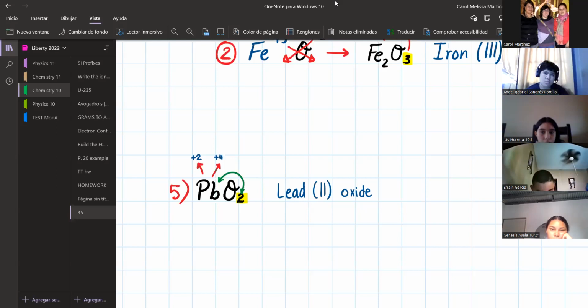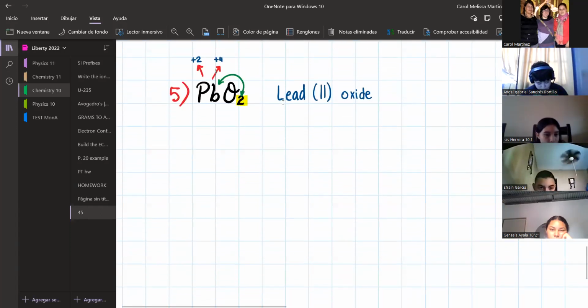Do you agree that that is lead 2 oxide? This is a tricky exercise, and I'm showing it to you for a reason. It's not lead 2 oxide, even though that 2 after oxygen might represent lead. That one is incorrect.